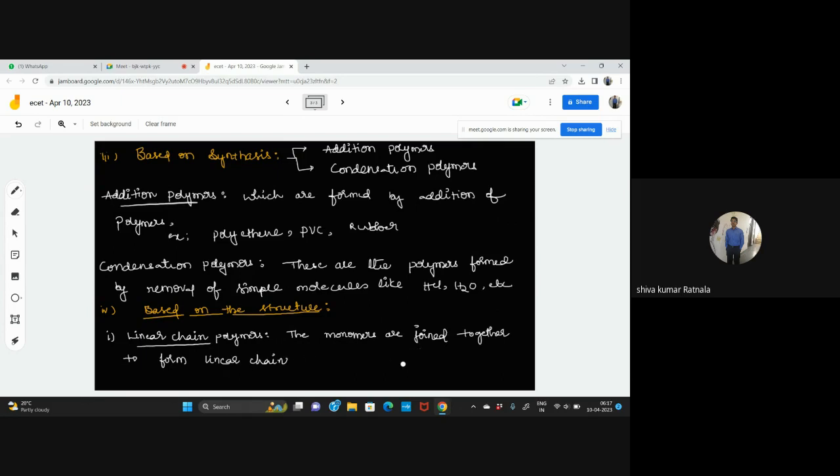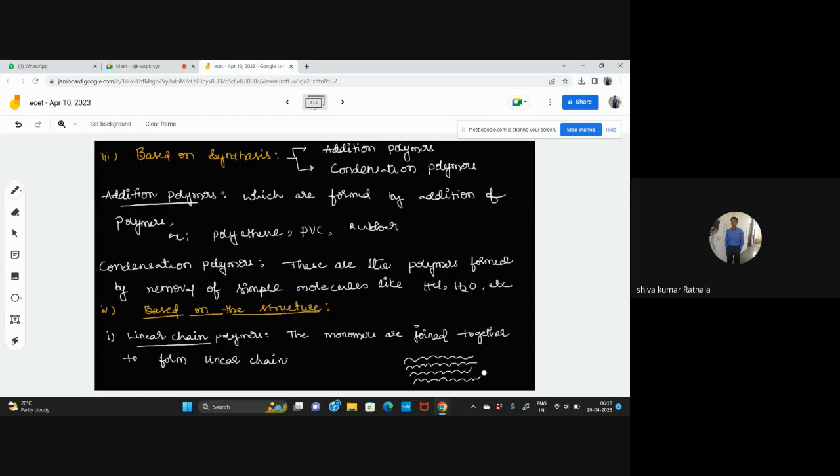For example, if I'm taking this is the one monomer unit, so likewise it is going to have. Okay, so these all are simple monomer units we can say. Okay, so this is one linear chain.